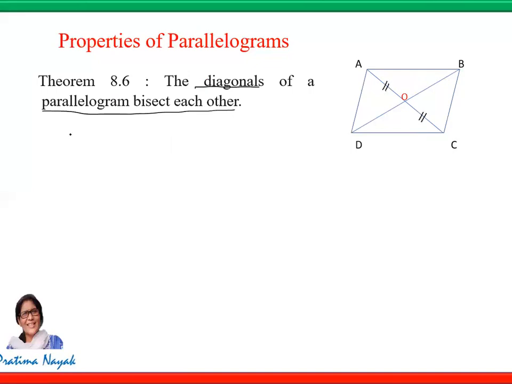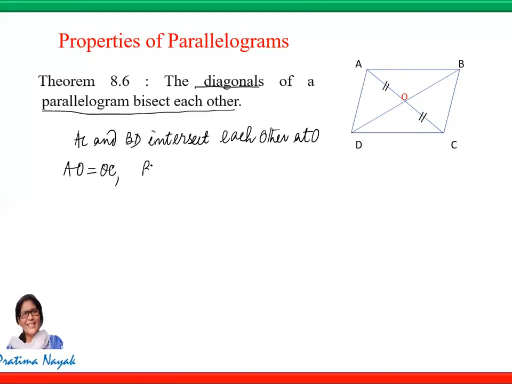That means if AC and BD intersect each other at O, that means AO is equal to OC and BO is equal to DO. BO length is equal to DO. This is the meaning of bisect each other.